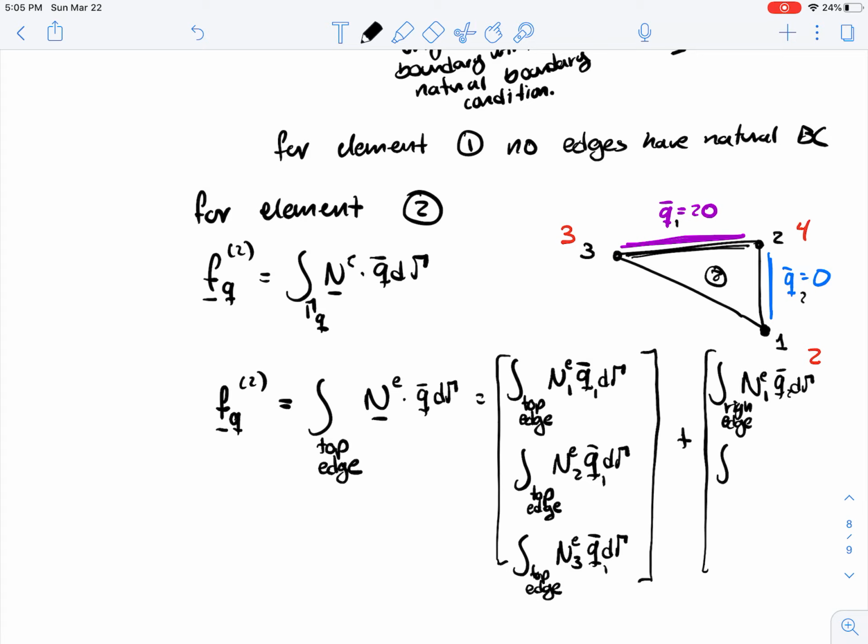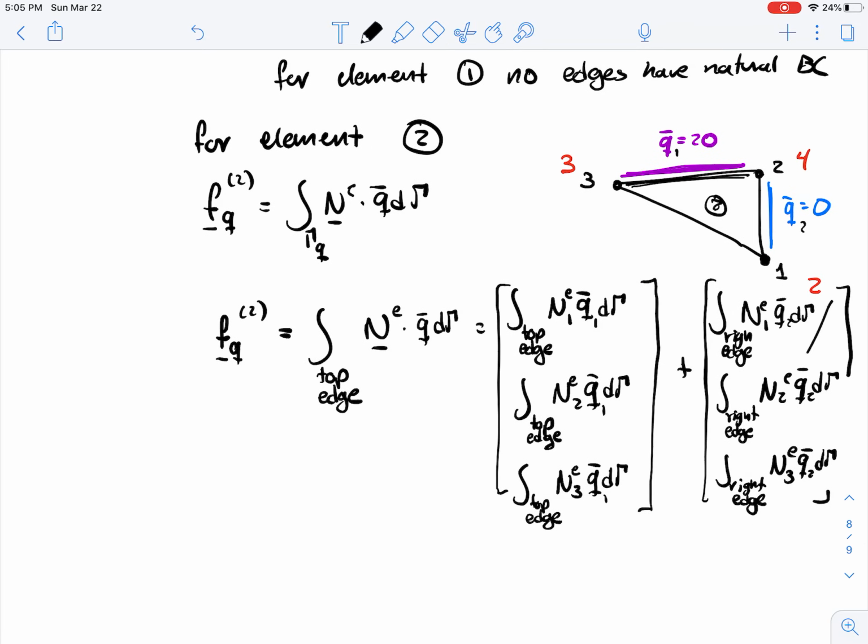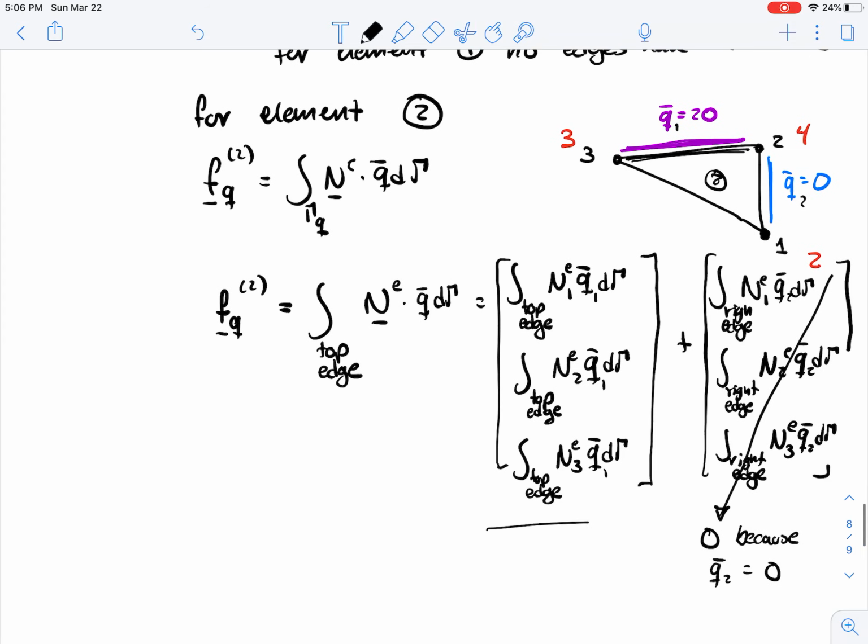But as I said, this other Q bar is 0, so this whole part of the vector will just be 0, because Q2 bar equals 0. So really the only one that we need to care about is this one.